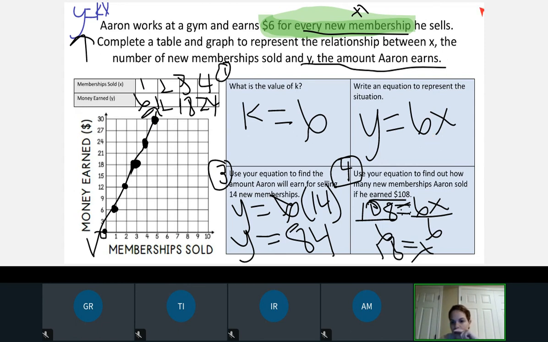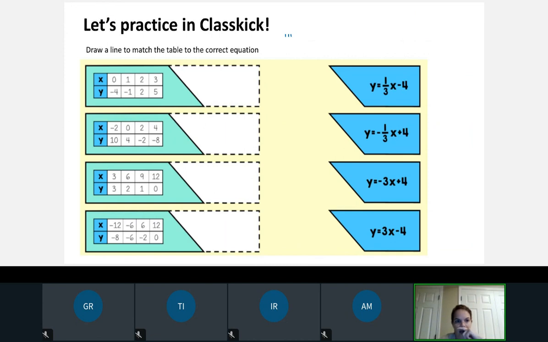So what we can do then is take this x value, 0, do it in blue. So I'm going to come over here and plug 0 in to every single equation. So I would do y equals 1/3 times 0 minus 4. Well, we know that 1/3 times 0 is 0. So y equals -4. Okay, that one worked out.